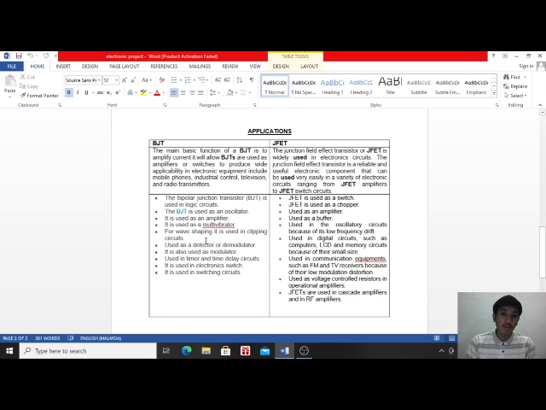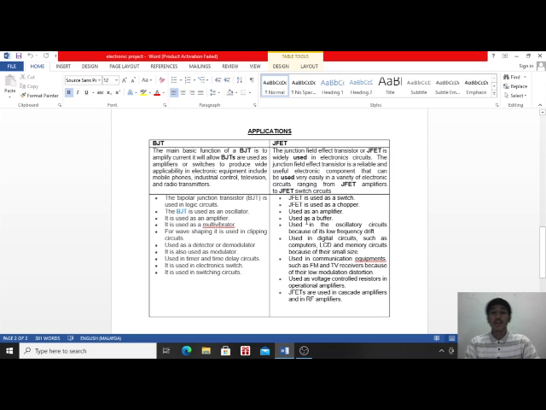Next, for wave shaping, it is used in clipping circuits. It is used as a detector or demodulator, and also as a modulator. It is used in timer and time delay circuits, and also in electronic switching circuits.